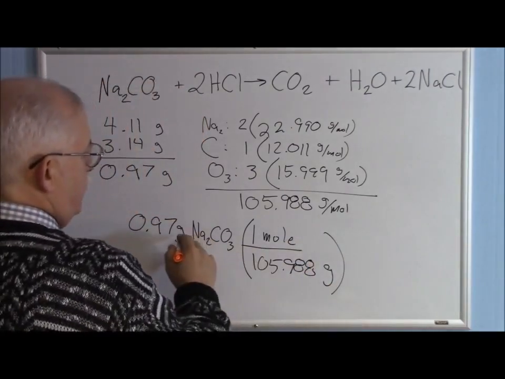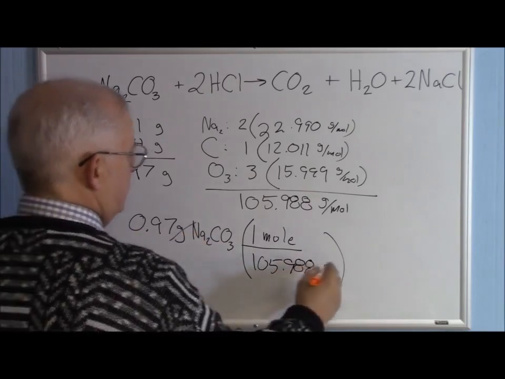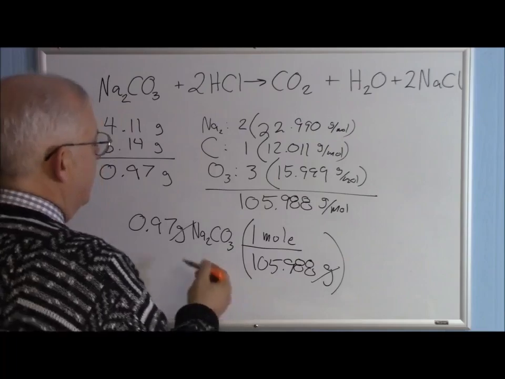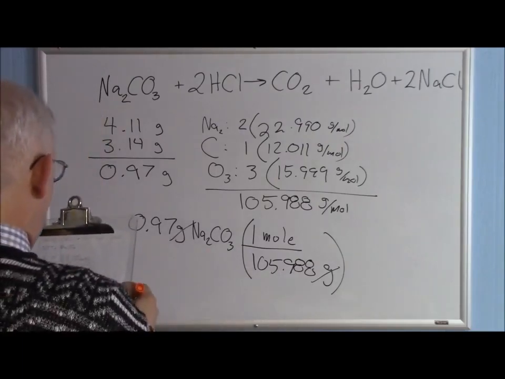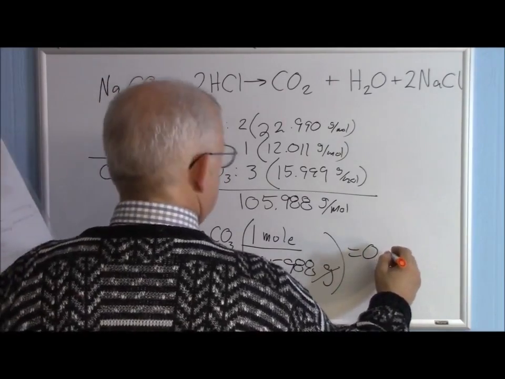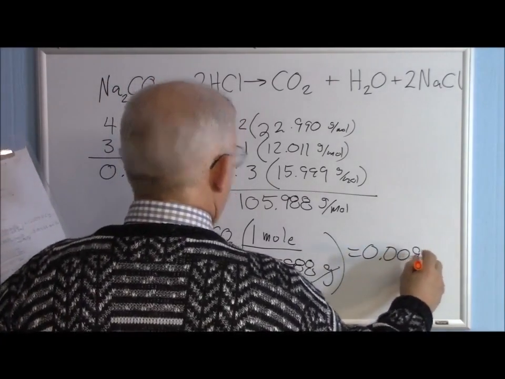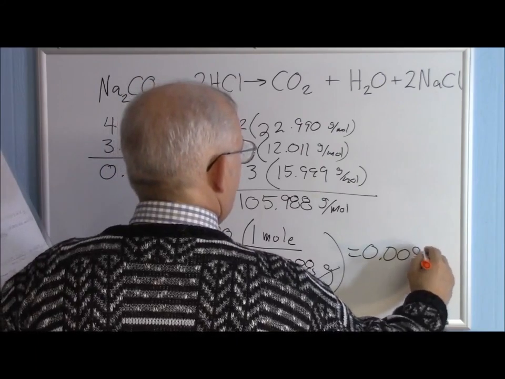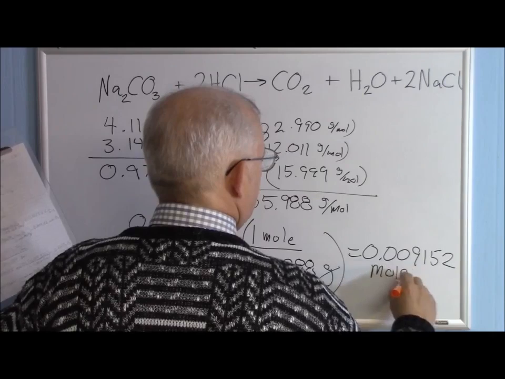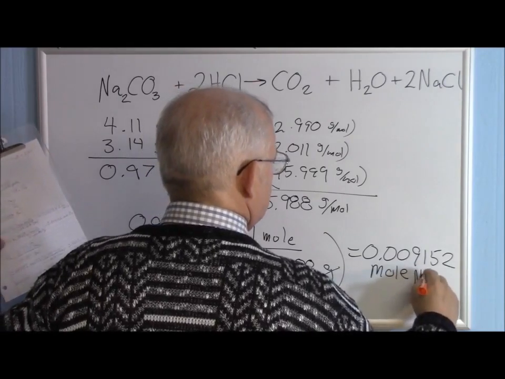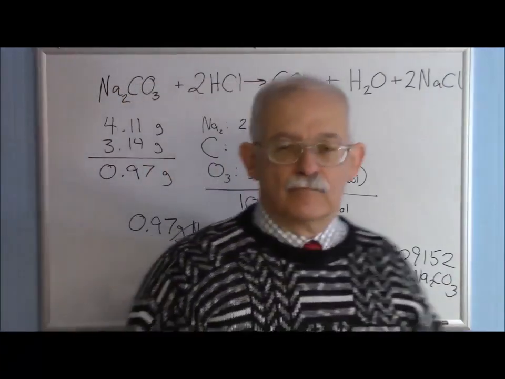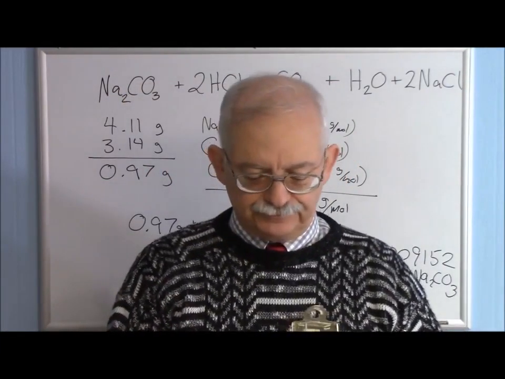Well, grams cancels with grams, and we're left with moles of sodium carbonate. And if I do that division, I will get 0.009152, and that is moles of sodium carbonate. Okay, so far so good.